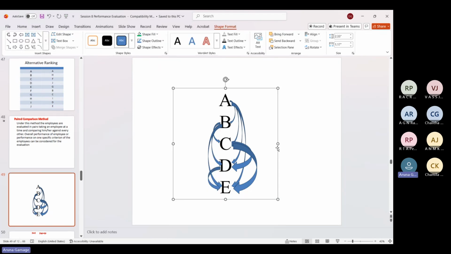Now I have compared everybody with each other. Right. How many comparisons are there, students? How many comparisons?